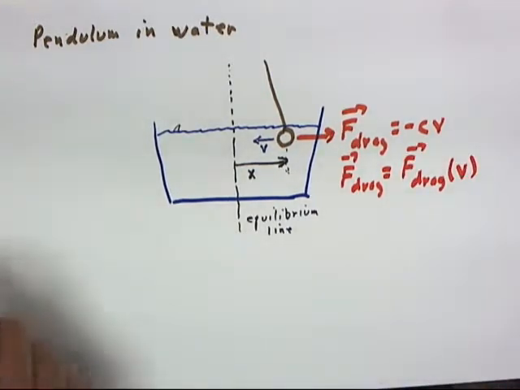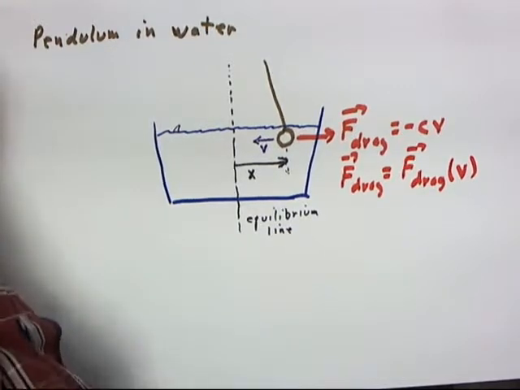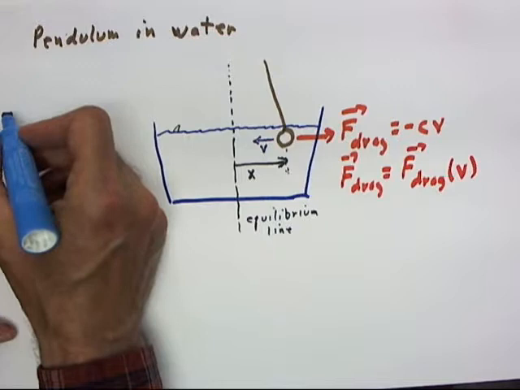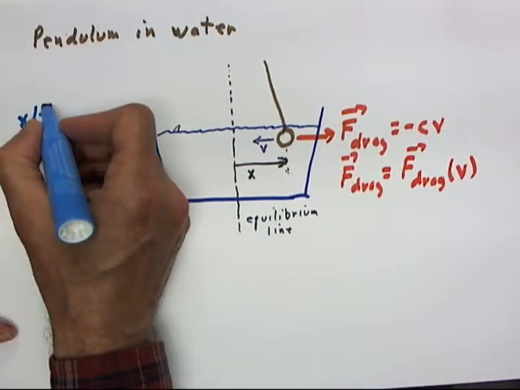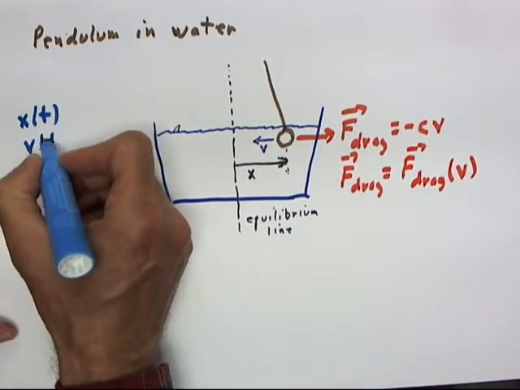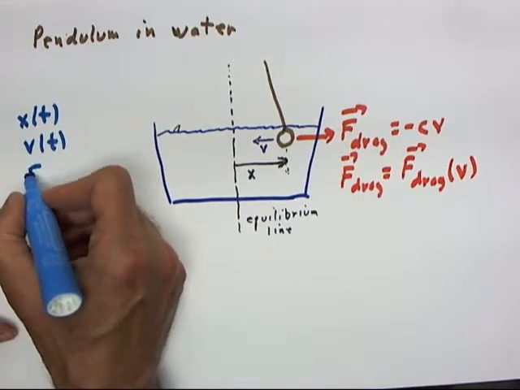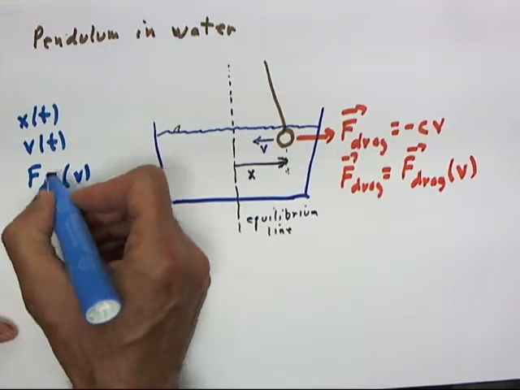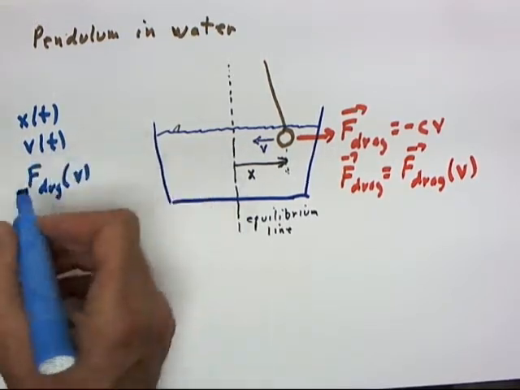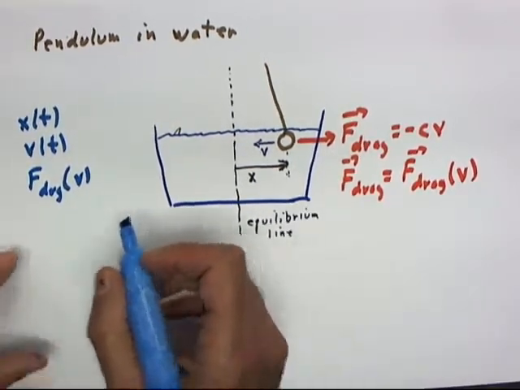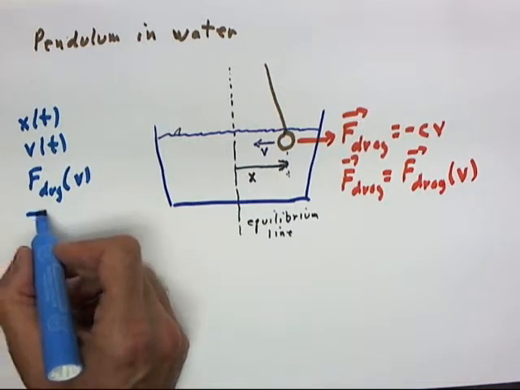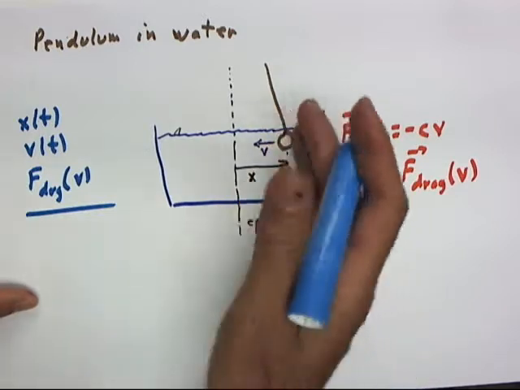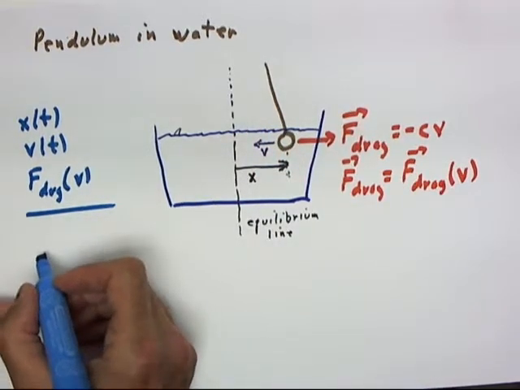Okay, so we have our function x of t, our function v of t, and our function F drag of v. Left the v out of drag, but you can identify what this means.